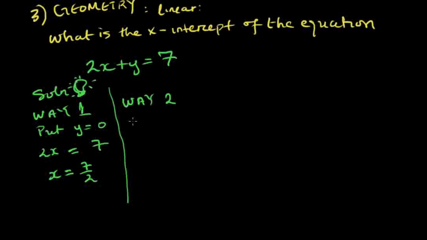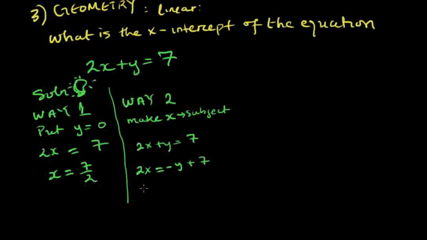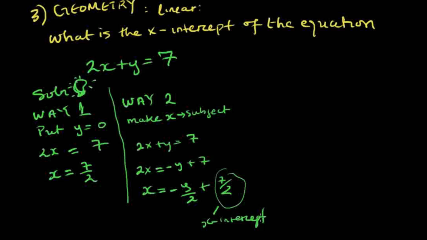So way 2, you can make x the subject of the formula. In making x the subject, this is what we have. We have 2x plus y is equal to 7. So 2x is equal to minus y plus 7. So x, of course, is now equal to minus y over 2 plus 7 over 2. So this constant term is acting as the x-intercept. That's after making x the subject of the formula.